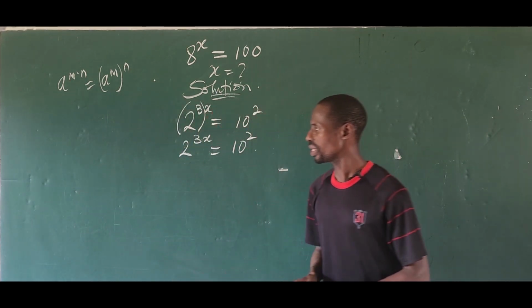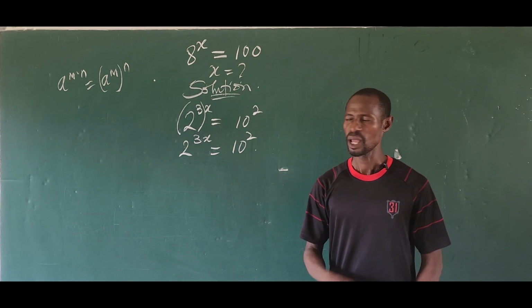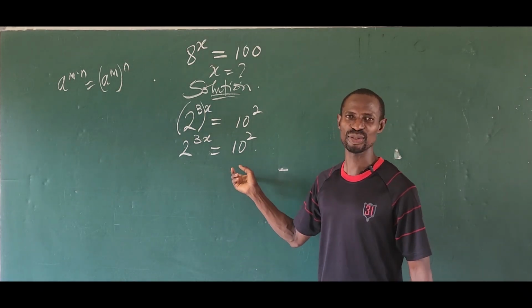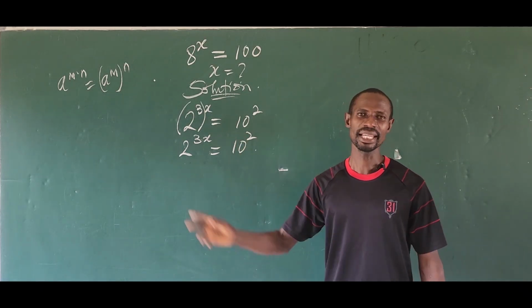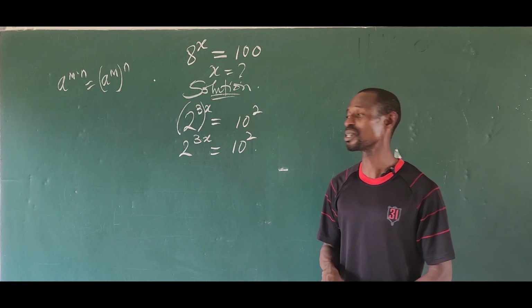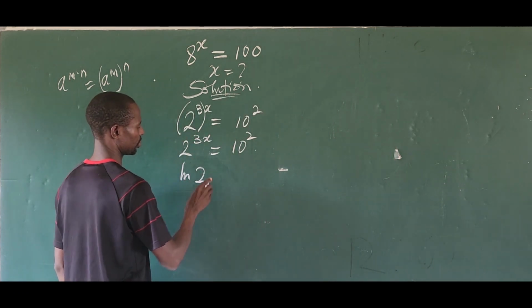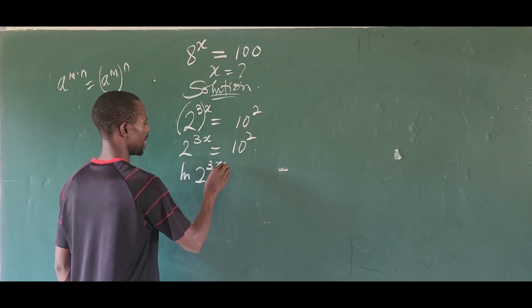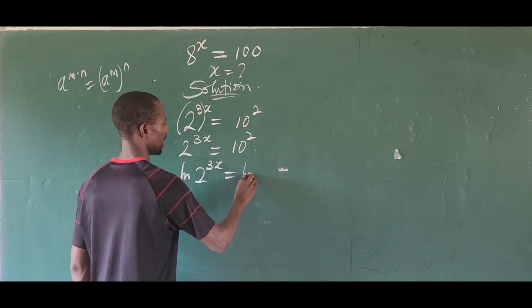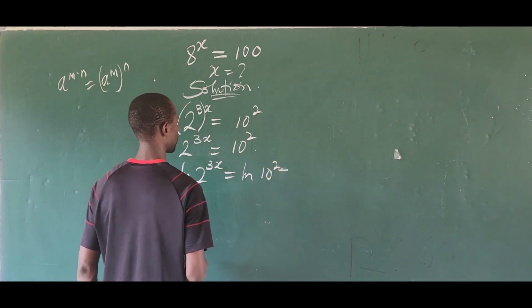Now with this expression we have here, we cannot break these to base 2, right? So the only thing we can do here is to ln both sides of the equation. So if we ln both sides, it's going to give us the ln of 2 to the power of 3x, equal to the ln of 10 to the power of 2.